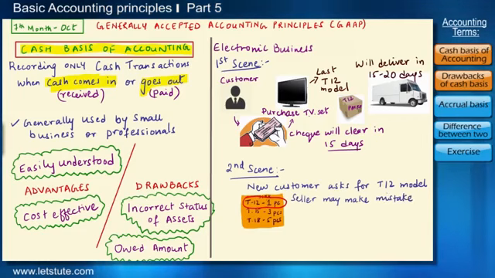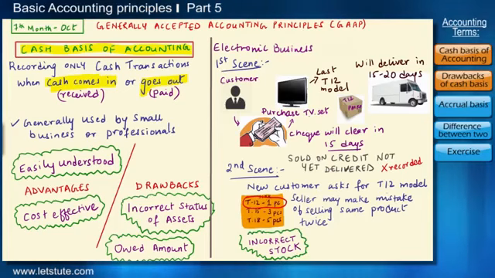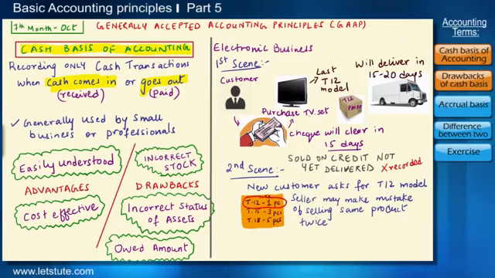And the seller may make a mistake of selling that same product twice if goods sold on credit basis but not yet delivered is not recorded in books of accounts. This means cash basis of accounting is showing a wrong status of the stock available. So to avoid such conflicts and confusion, there is another way of keeping accounting records.